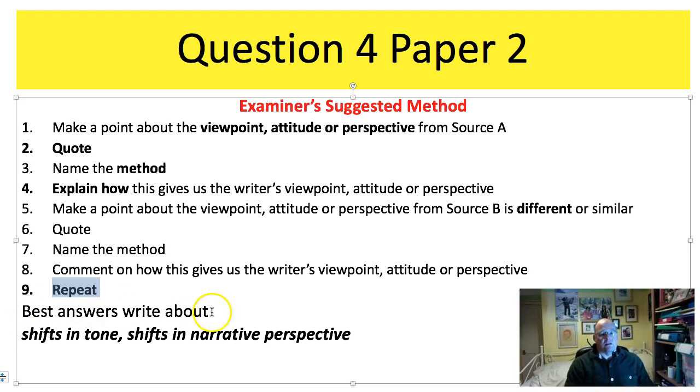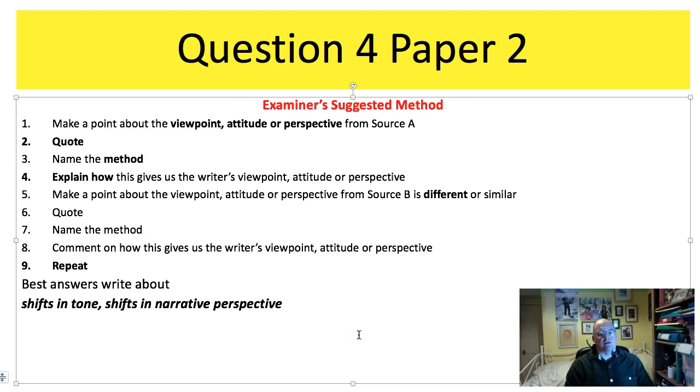The best answers to get the real top marks then link this to how the writer has shifted the tone or has shifted the perspective in order to give us a different point of view. And by the way, if you're looking for shifts in tone and shifts in perspective, where do you think those occur in the text? I'll give you a moment to think, and then I shall type it for you.